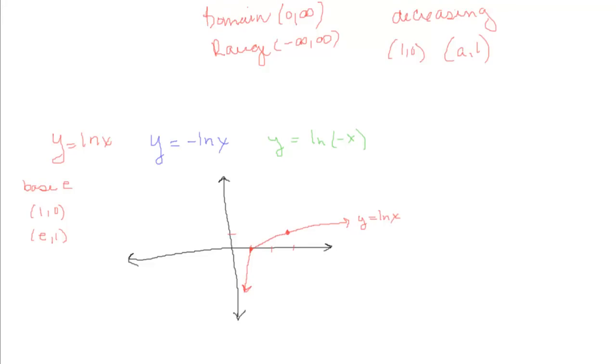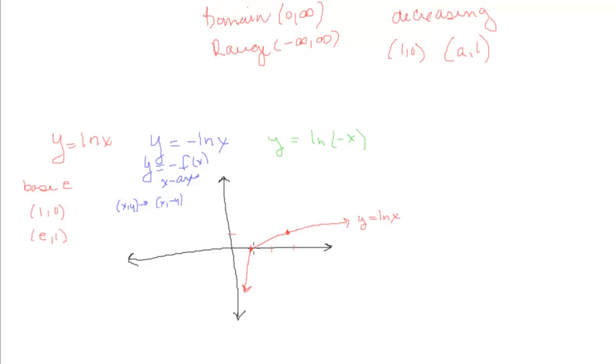Alright, so that's y equals natural log of x. So now if I'm going to graph negative natural log of x, remember this is an example of y equals negative f of x, which indicates an x-axis reflection. So if I'm going to reflect this about the x-axis, that means that the point (1, 0) will still be on the graph, because remember, for every point (x, y) on the graph, if I'm reflecting about the x-axis, (x, negative y) will also be on the graph.